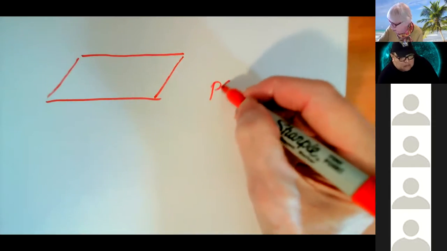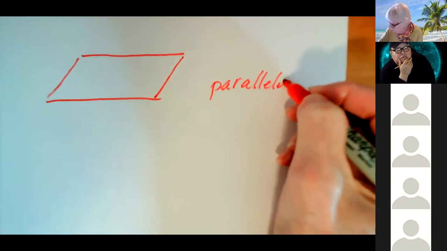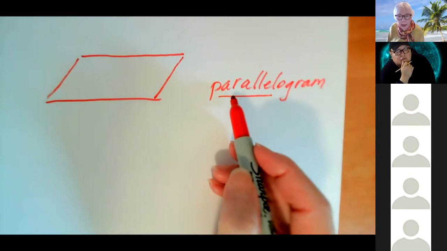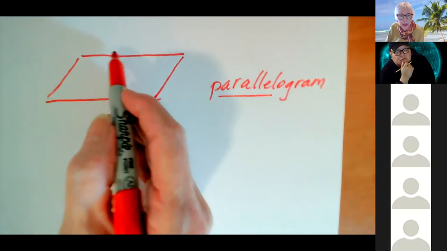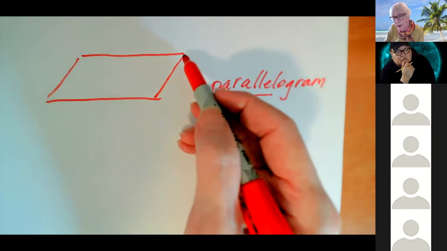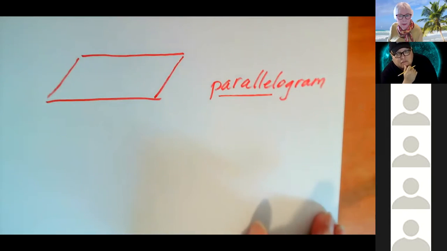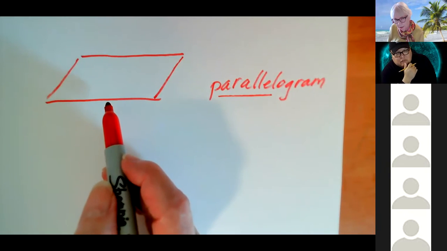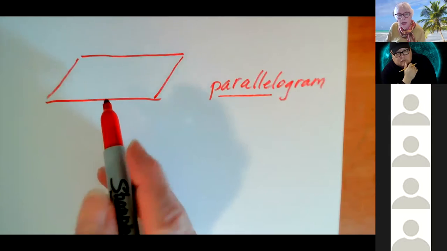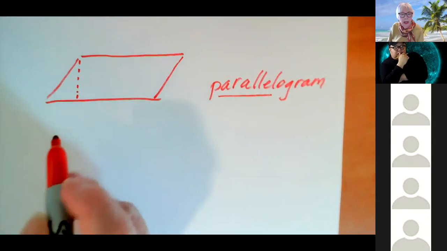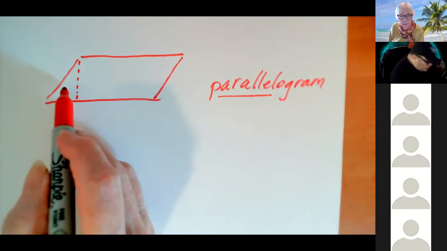Remember, this is the parallelogram. It has the parallel because this is parallel to that. This one, although it's sloped, is parallel to that. So that's the name for parallelogram. Now, this is just a version of the rectangle. So what I'm going to do is draw a line here. And see this little triangle in the corner?